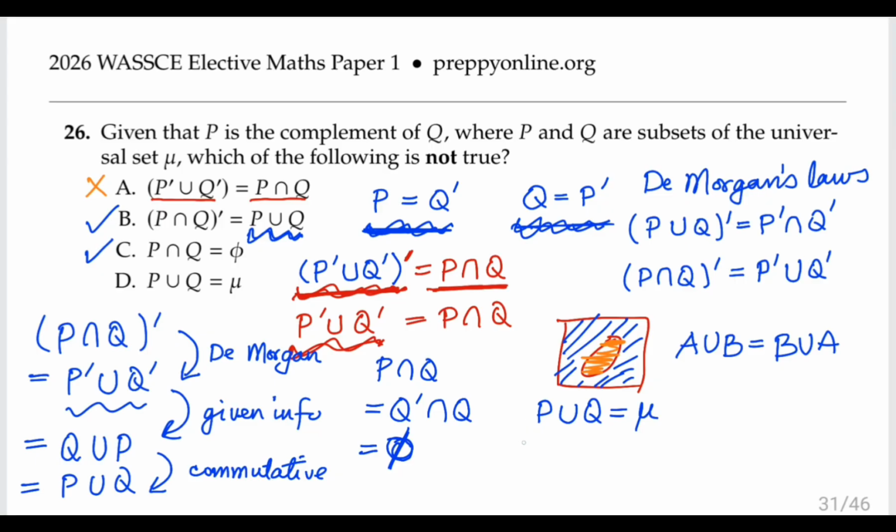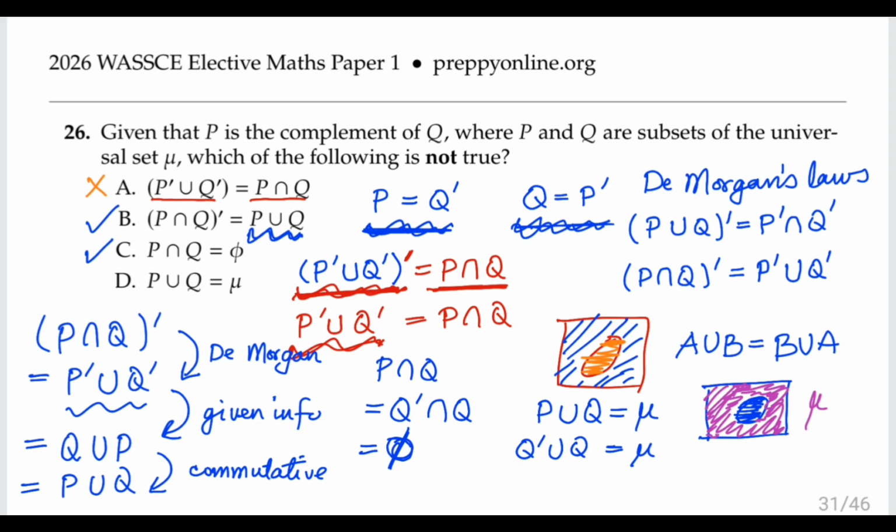So this is the same as Q complement union Q. Now Q complement union Q is indeed the full set, because if you have this as your universal set and you have this set inside of it, let's call this Q, the union of this Q and what is outside of Q. So let me shade what is outside of Q. This is what's outside of Q. It is indeed true that the union of what is inside Q and what is outside Q is the universal set.